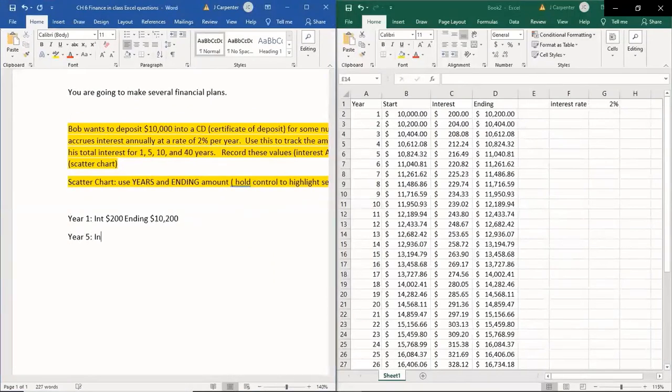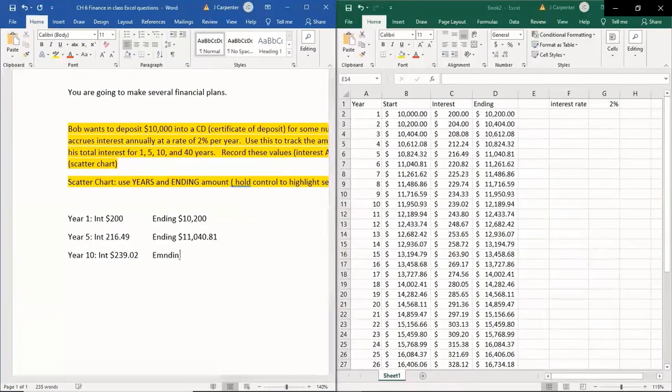Year 5, the interest was 216.49, and the ending balance, just tab this so it looks a little cleaner, was $11,040.81. For year 10, the interest was 239.02. Pulling these out of thin air, I'm using the table.